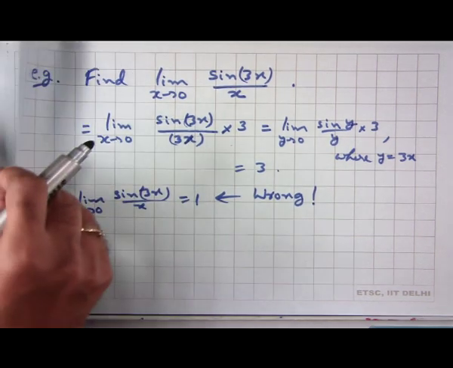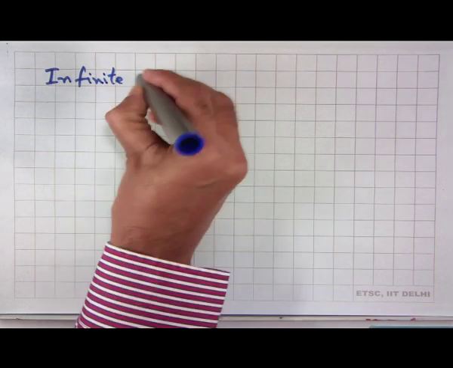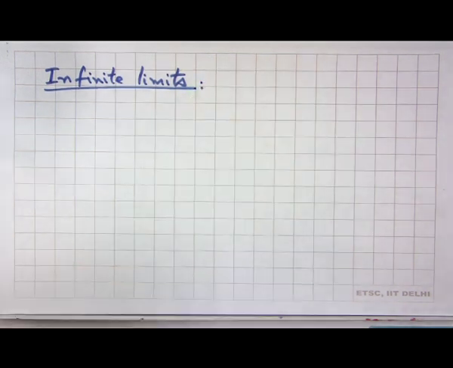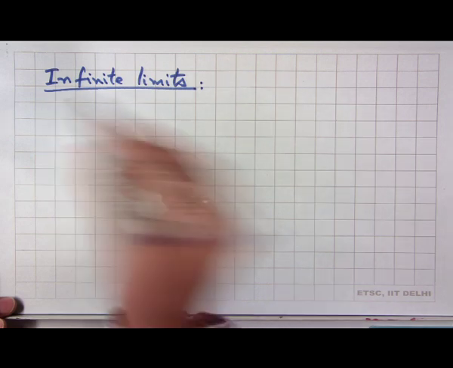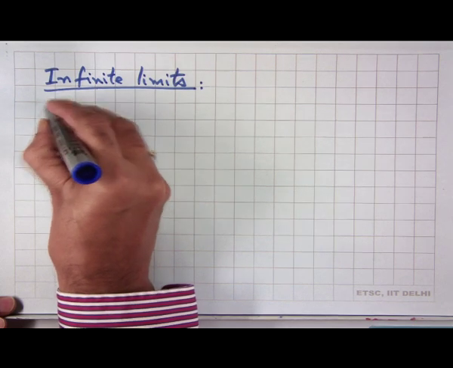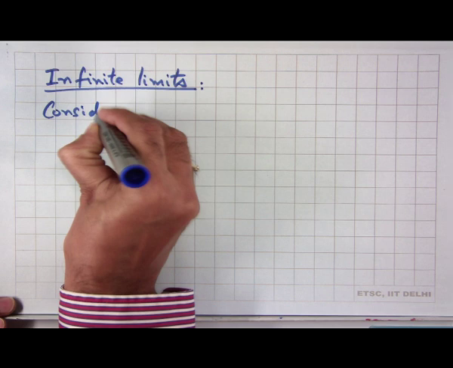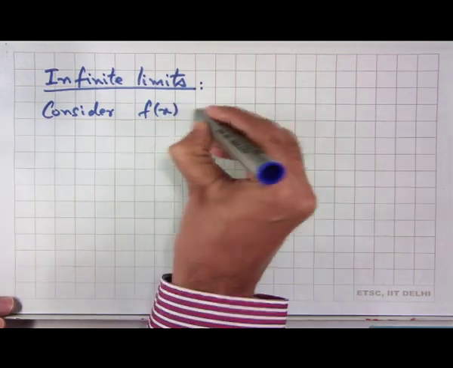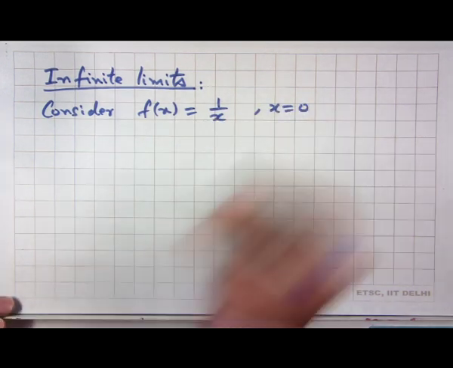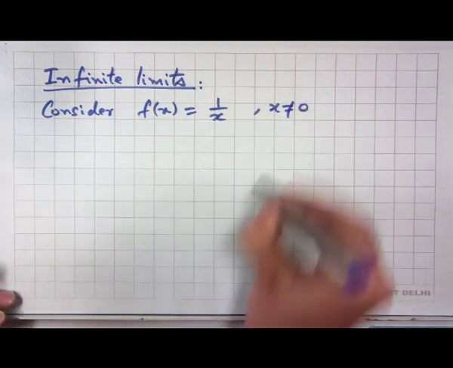Right. So, the next thing that we will talk about is what we call infinite limits. I will just explain by an example. Suppose you consider f of x equal to 1 by x for x not equal to 0.